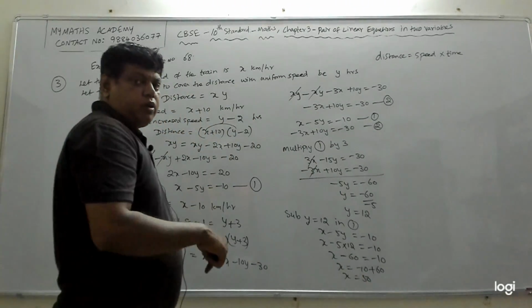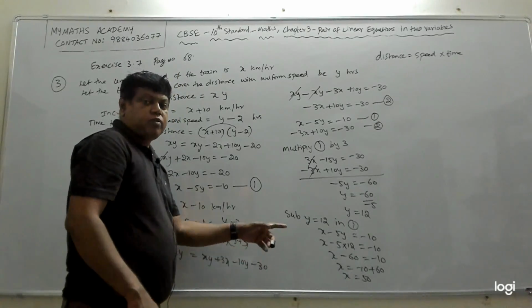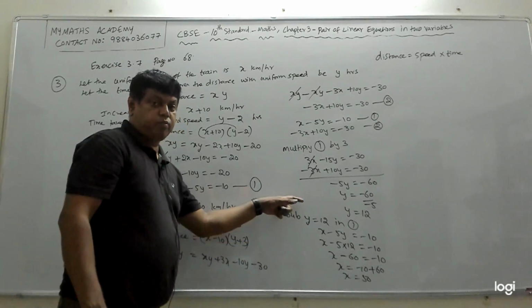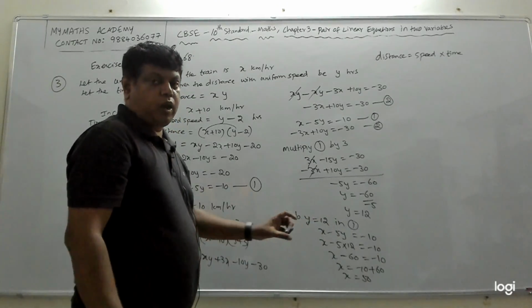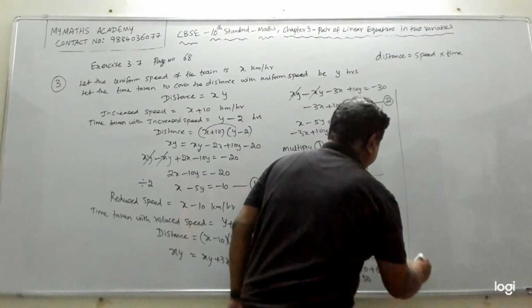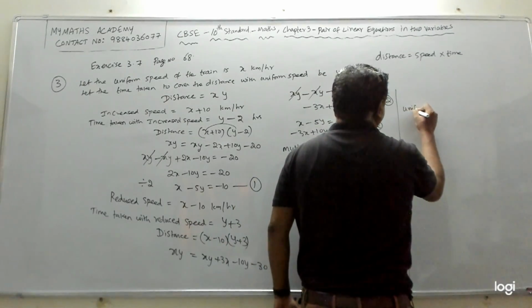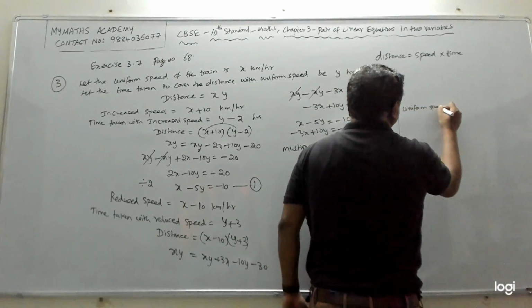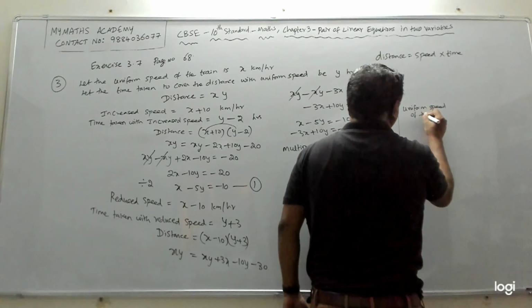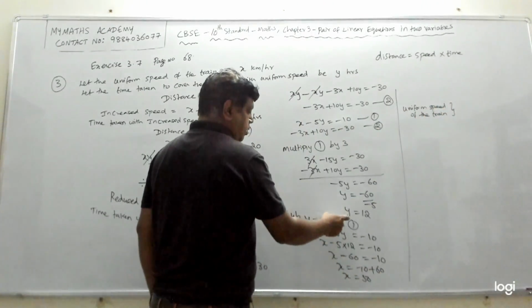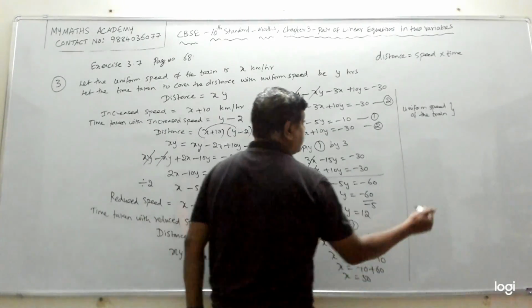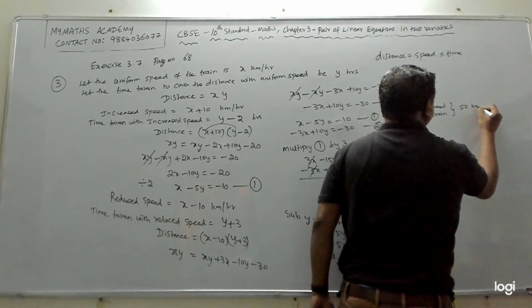So now what have we found? We have found x and y, which means we have found the uniform speed of the train, and we have found the time it generally takes to cover that distance, which is 12 hours. So we will write here. What is the uniform speed of the train? x is the speed, 50 kilometers per hour.